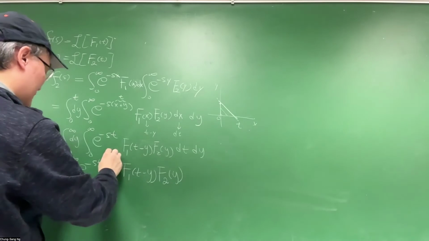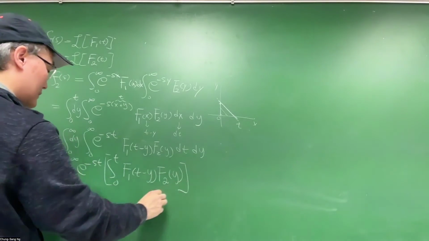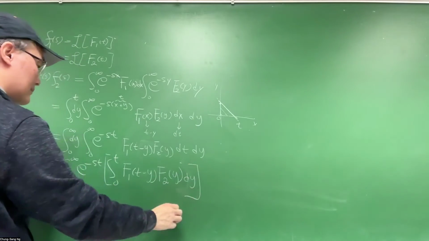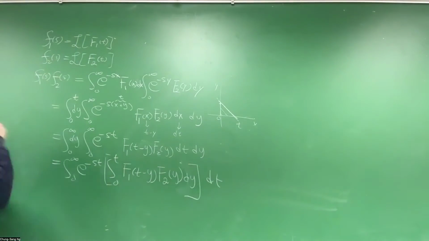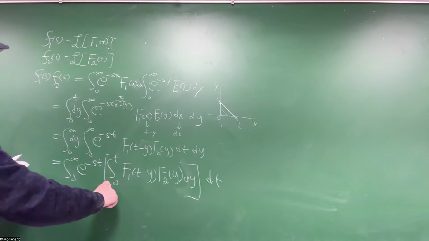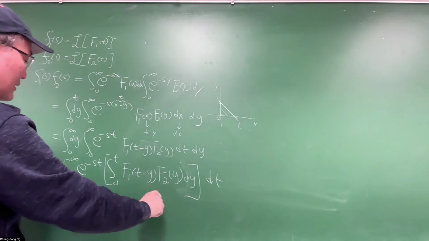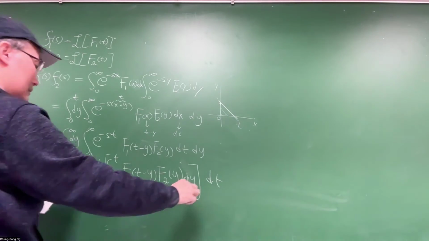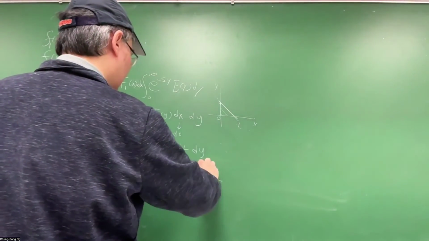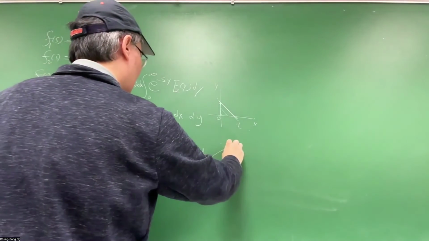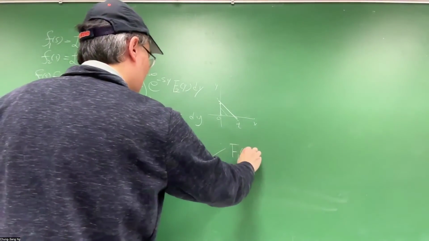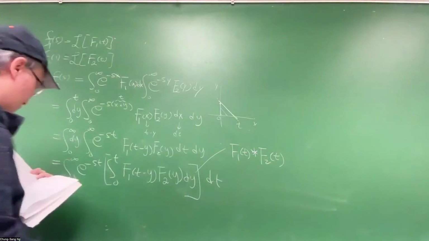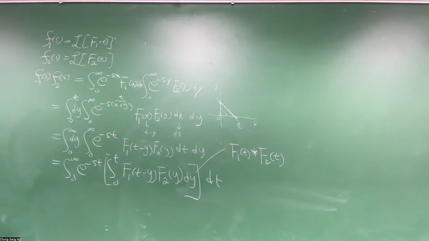But if you call this, because this is dy, call this a function of t, and that is what we define as a convolution. Right, that is a convolution. This is defined as f1, the same symbol, right?